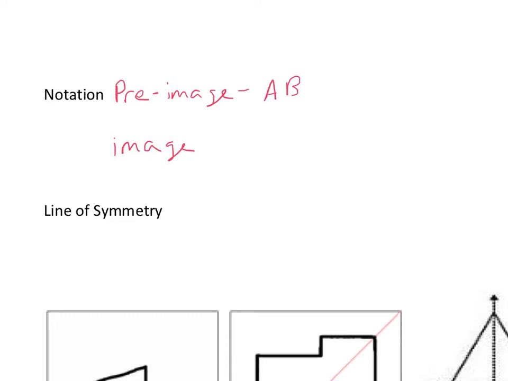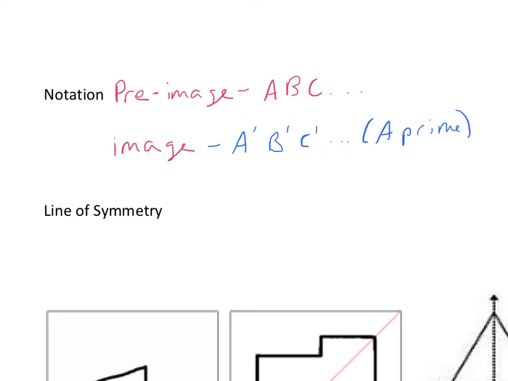Let's say we're talking about anything, A, B, C, could be a triangle, square, and so on. But an image would use a little tick mark above it, and this is described as A prime. So whenever you have that tick mark, we'll describe that as prime.